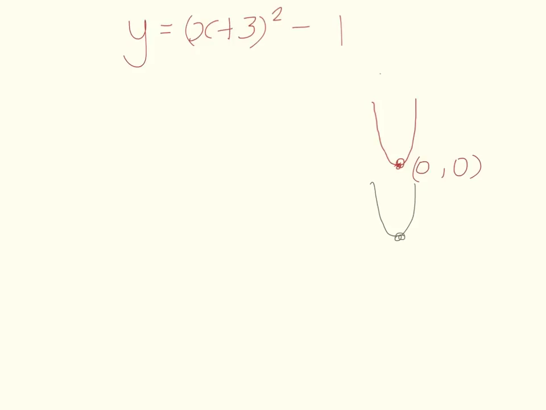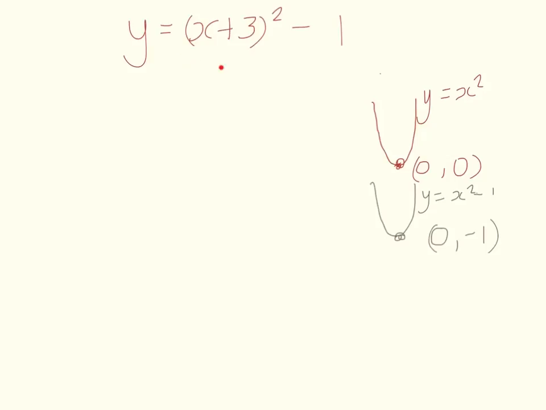Let's imagine I've moved this down, so it would be 0, minus 1. So here's my graph of y equals x squared. Here is y equals x squared take away 1. So I've just moved it down one place.